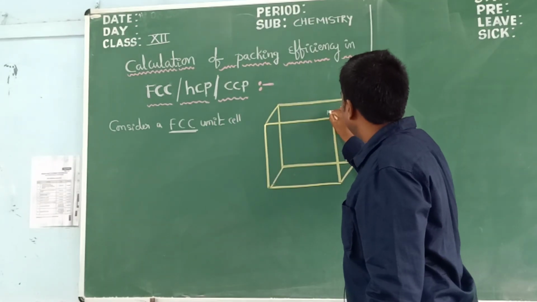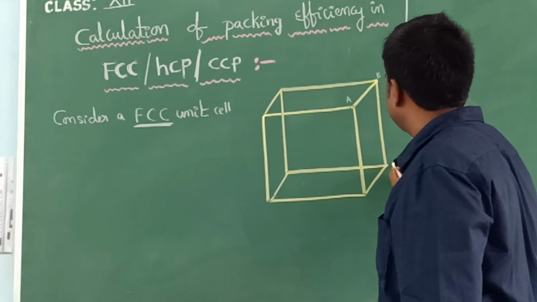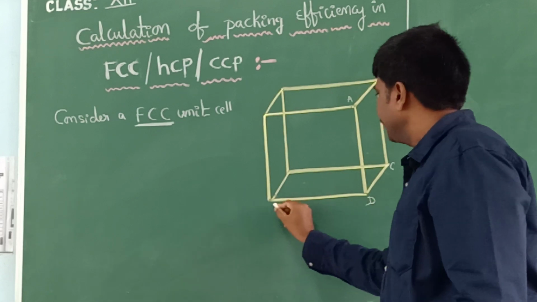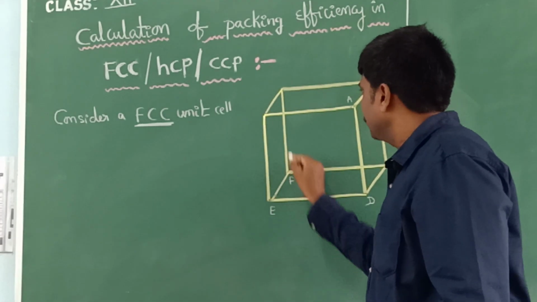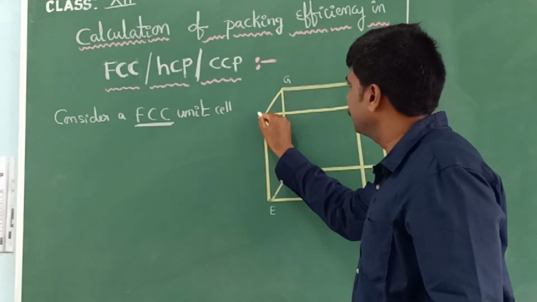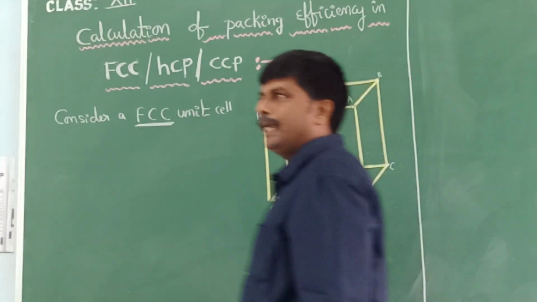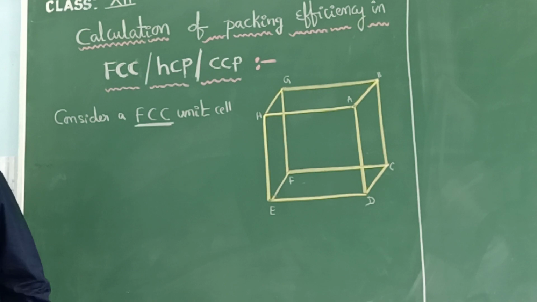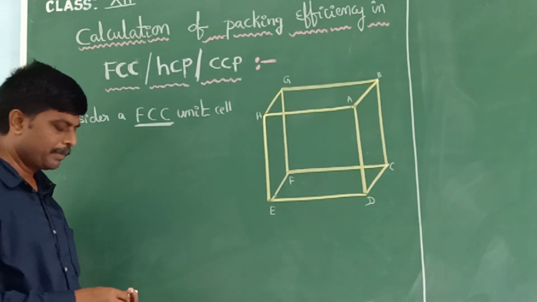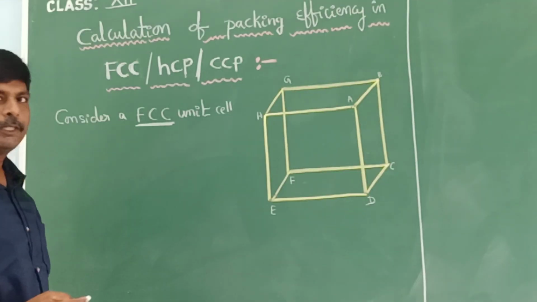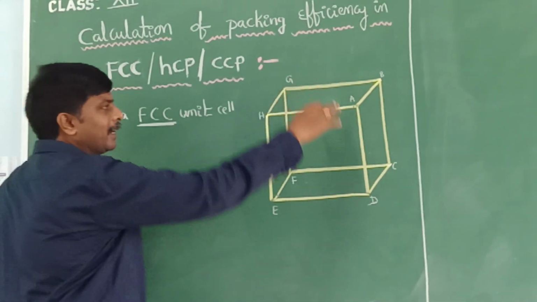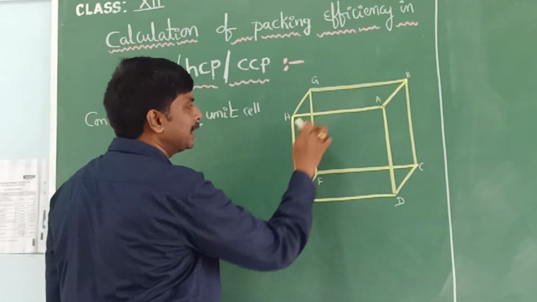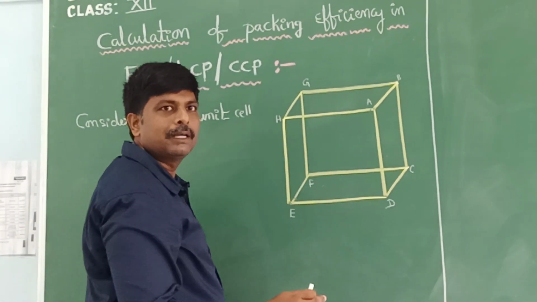It is A, B, C, D, E, F, G, H. There are 8 corners, and at the 8 corners, 8 atoms are present. Because it is an FCC unit cell, along with the 8 corners, atoms are also present at the face centers.